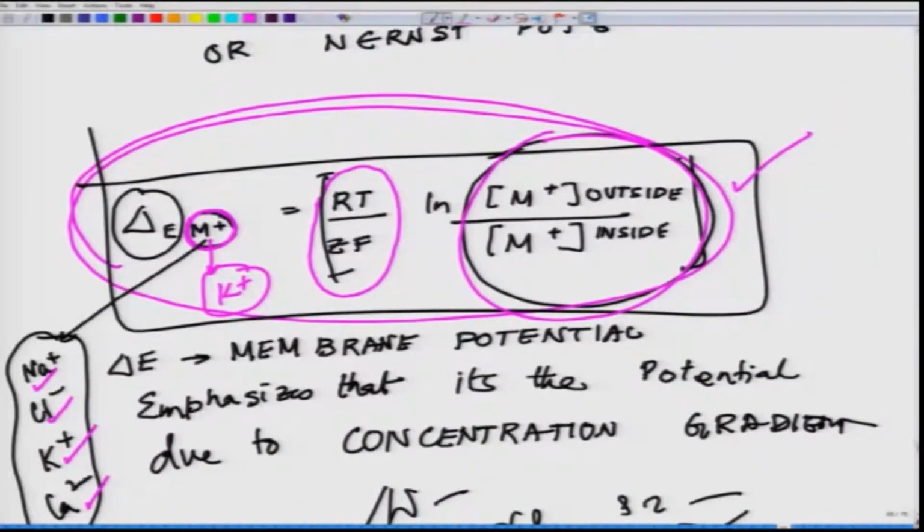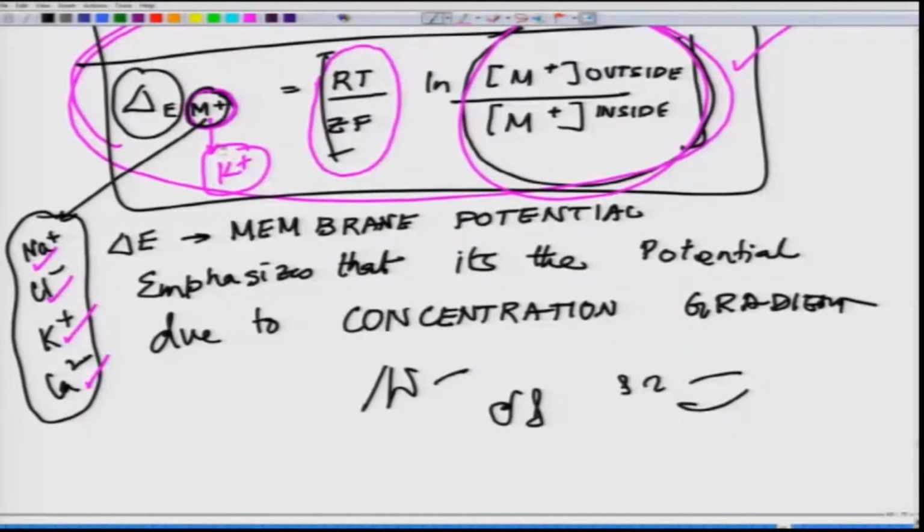So, now I am plugging in the values. Again, let me put it across: delta E K plus. Instead of M plus, I am just putting the comparison so that everything makes sense.